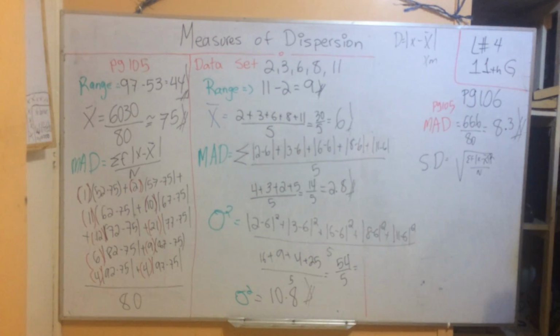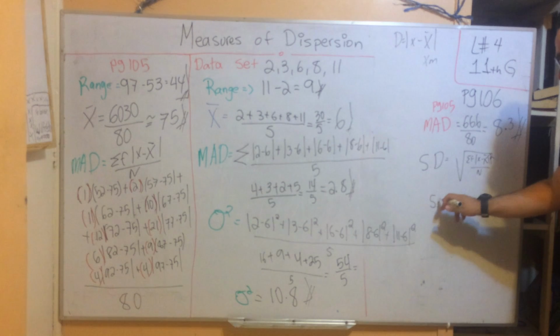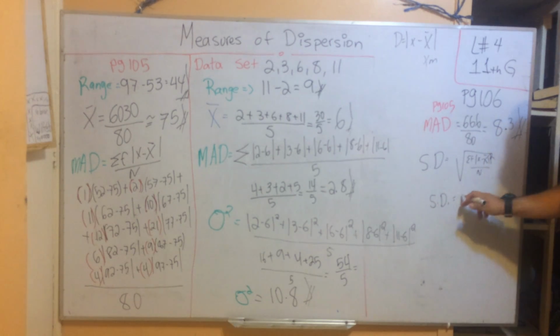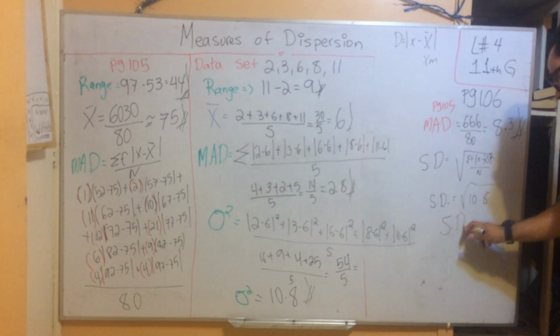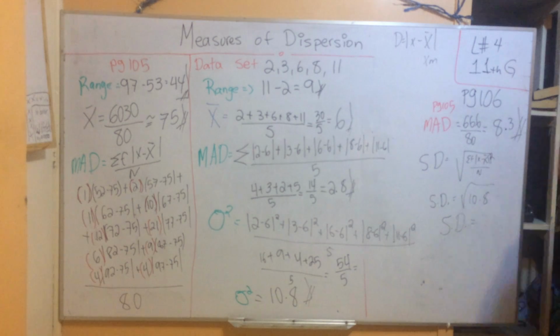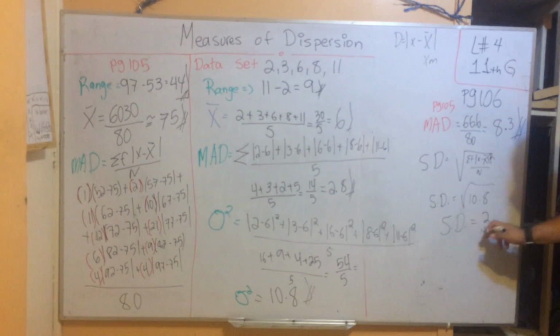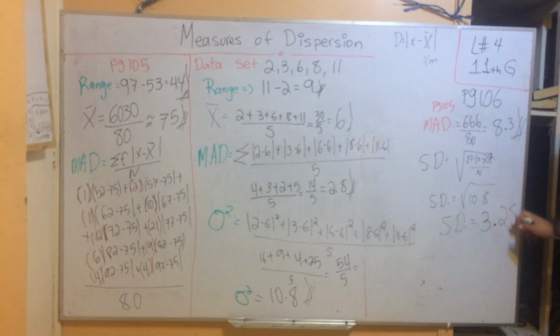We just need to take the square root of 10.8. So the standard deviation is going to be the square root of 10.8, 3.28. And this is our answer.